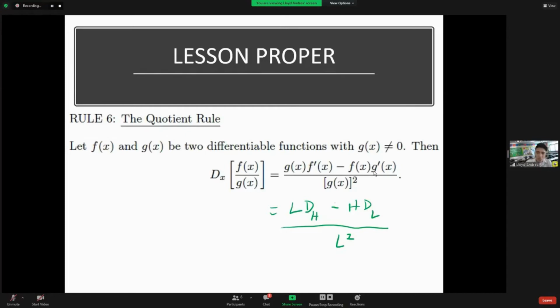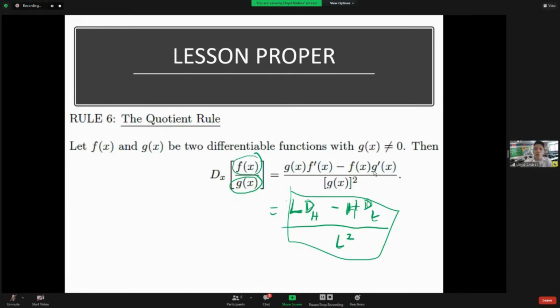Low is the denominator at the bottom, D high is the derivative of the high, and the high is the numerator. So low times the derivative of the high minus the high times the derivative of the low, divided by low squared. Again, the low is the denominator and the high is the numerator. To make it easier to memorize: earlier, for the product rule, it was first the second, second the first. For the quotient rule, low D high minus high D low over low squared.